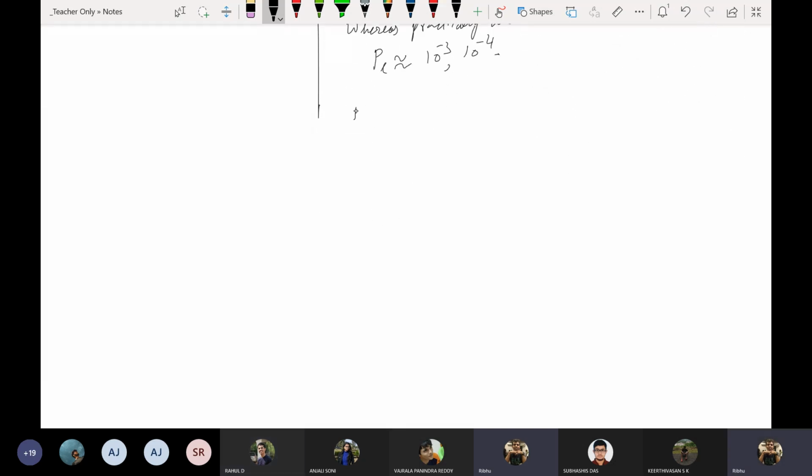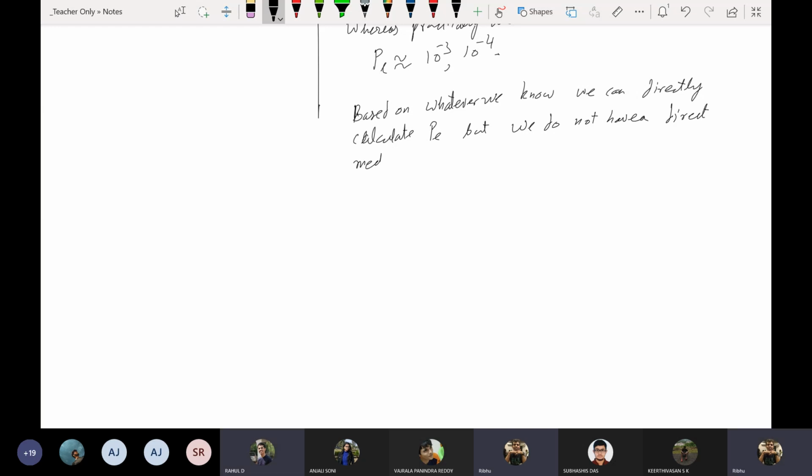Based on whatever we know, we can directly calculate PE, but we do not have a direct mechanism for calculating PB.